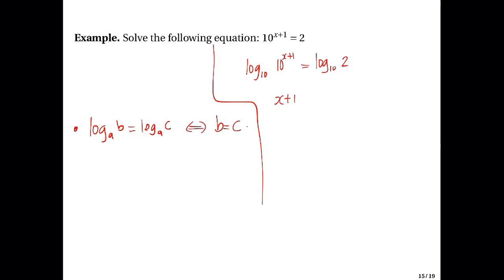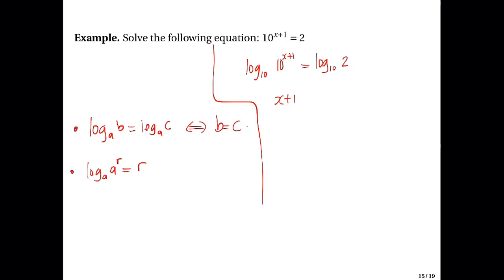Again, let me pull out that property: log of a to the r with base a is equal to r. So this is the one we used here. This subscript 10 here is just for emphasis. If you remove that base, it's still base 10.